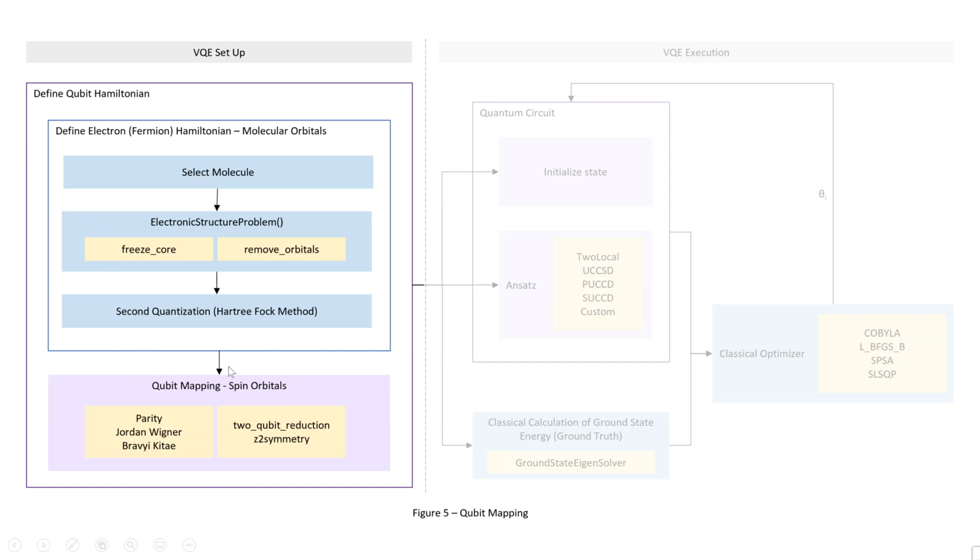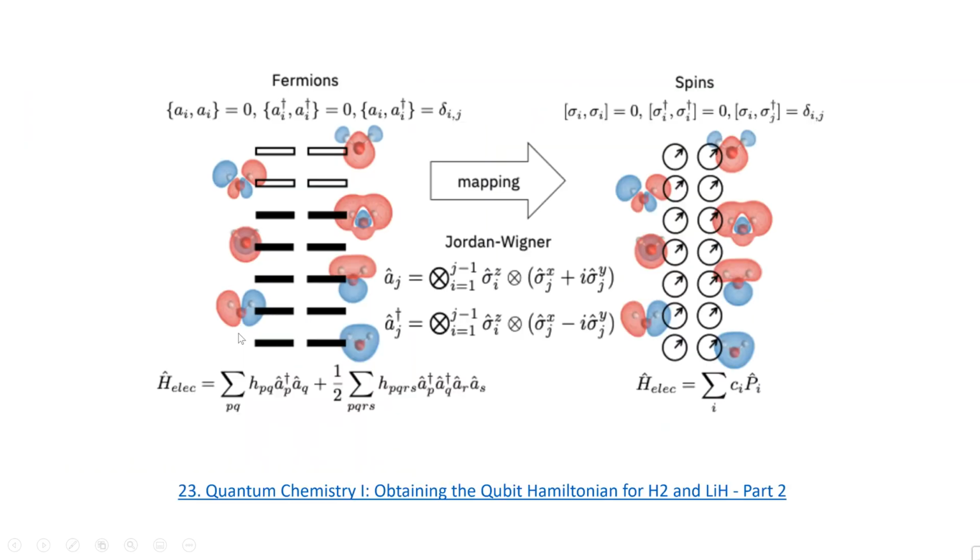Then what we have to do is the important step of mapping it to a qubit Hamiltonian. I think this diagram was done really well in the Qiskit documentation, so I'm not going to reinvent it. You'll recognize this, which I showed you in a previous slide, the electron Hamiltonian in the Fock state basis from Hartree Fock. I don't think I said that, but yes, this is the Fock state basis.